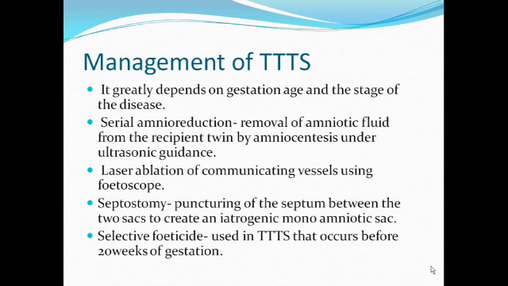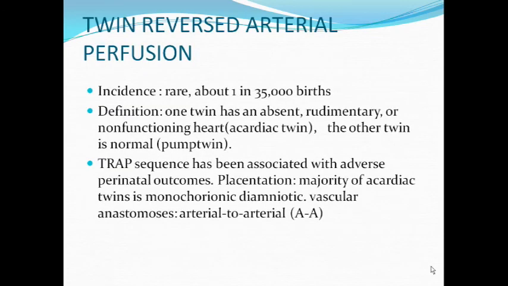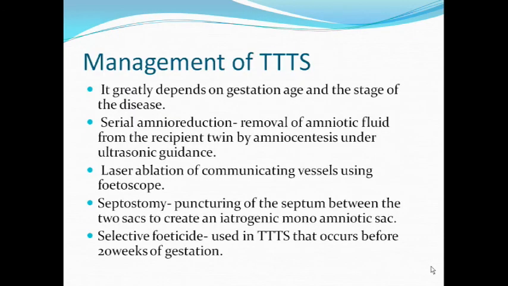You can perform septostomy, puncturing the septum between the two sacs to create an iatrogenic monoamniotic sac, and you can do selective feticide if your pregnancy is less than 20 weeks of gestation. So this is twin transfusion syndrome.